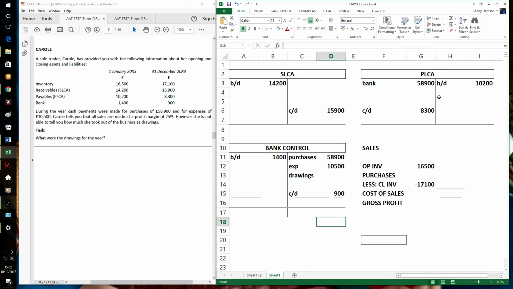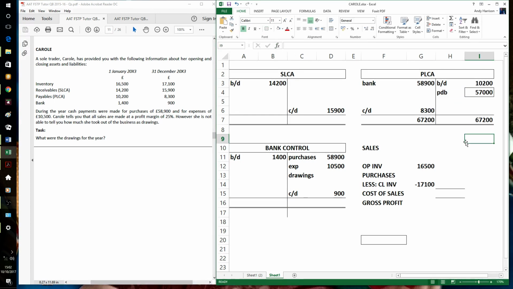Does that help us? Well, now we've got an extra figure in our purchase ledger control account. We can balance it off because our purchase day book will be the difference, assuming there's nothing else missing. 57,000.